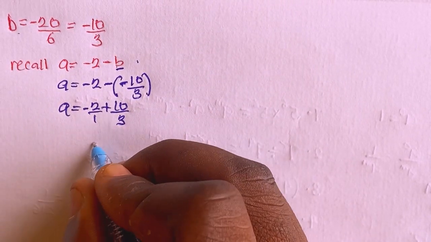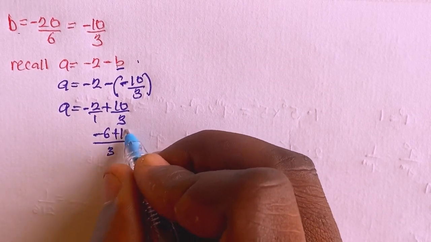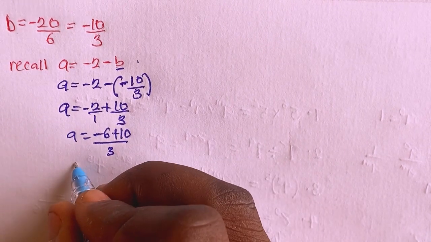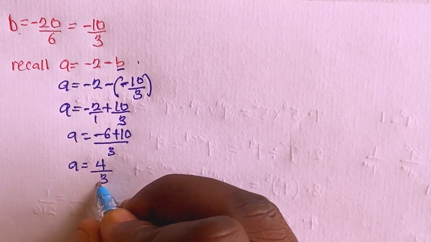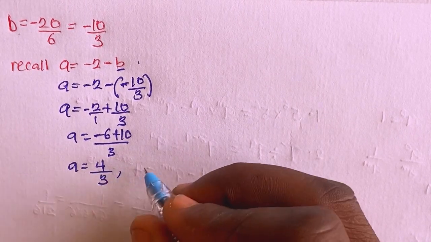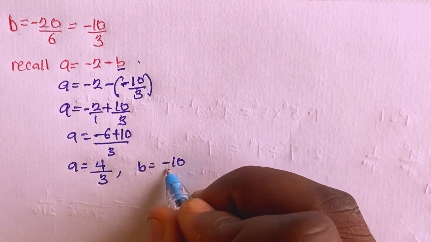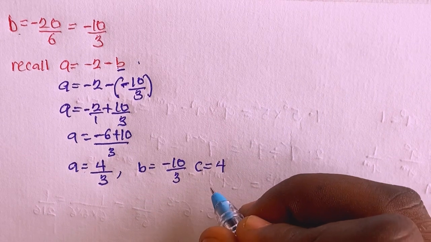Here I'm going to have minus 6 plus 10, over 3, which is a. So a equals 4 divided by 3, and our b equals minus 10 divided by 3, and our c equals 4. So that's just it.